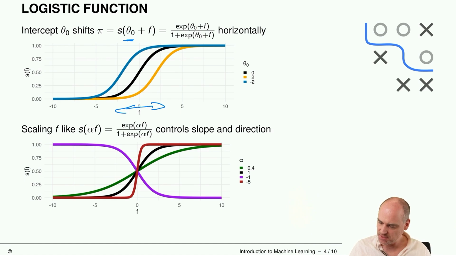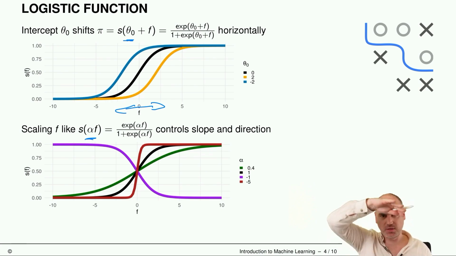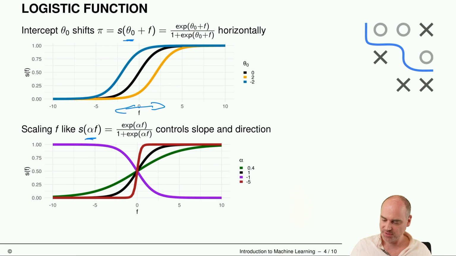And if we multiply our argument with some positive constant alpha, this would control the slope. So we can make the slope stronger or weaker, and we can also control the direction. So we can flip the whole function horizontally by using a negative alpha.